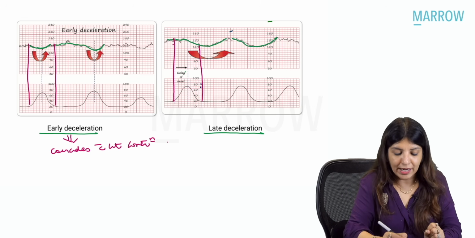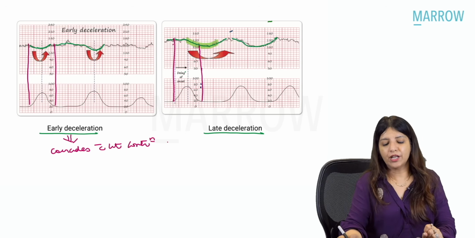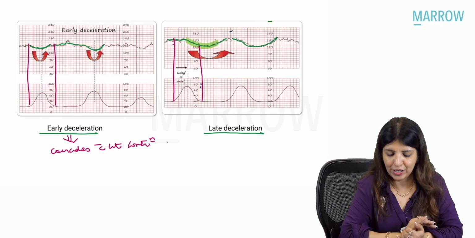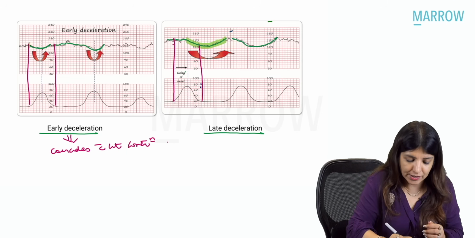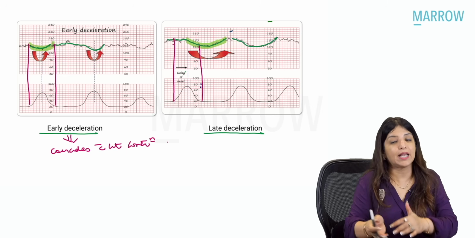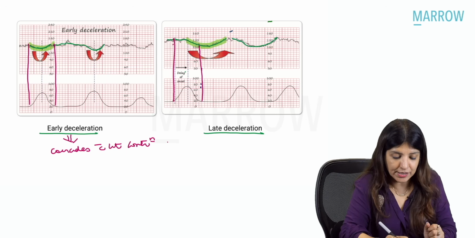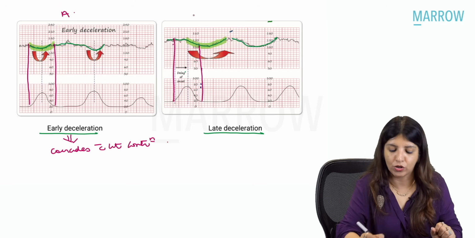If you see that the dip in fetal heart rate is not beginning with the uterine contraction and neither is it ending with the uterine contraction. In this case, the dip was beginning and ending with the uterine contraction. Whereas in image A, it was beginning and ending with the uterine contraction.